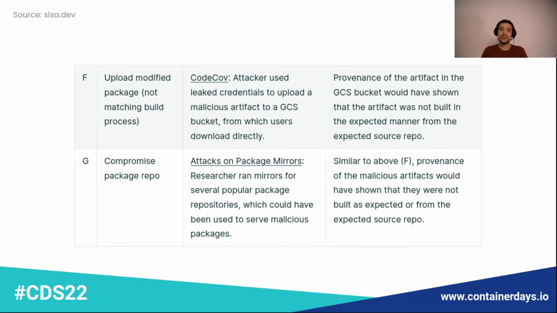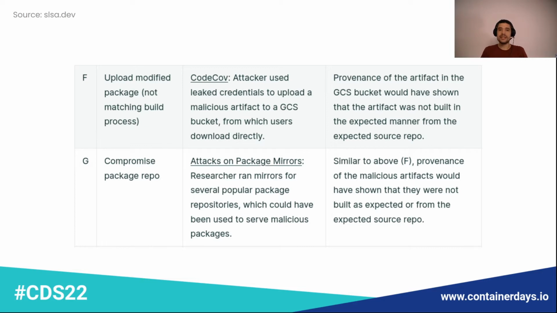So what do we want to do? What are we going to learn today? We are going to learn how to sign our container images and how to verify them, so we can make sure that what we are building in our pipelines is what we really see in our production cluster, and no one has changed anything.